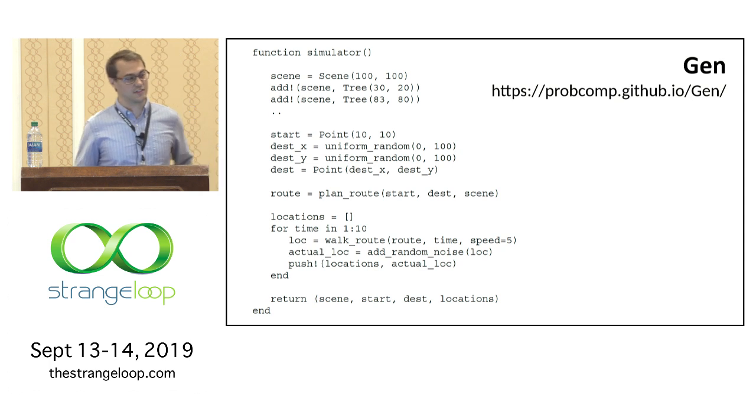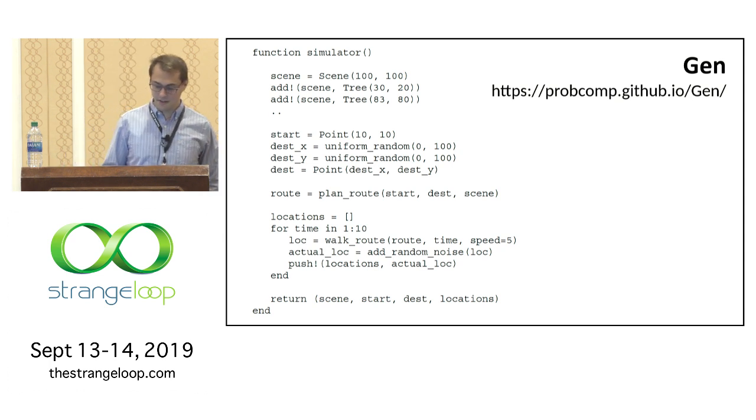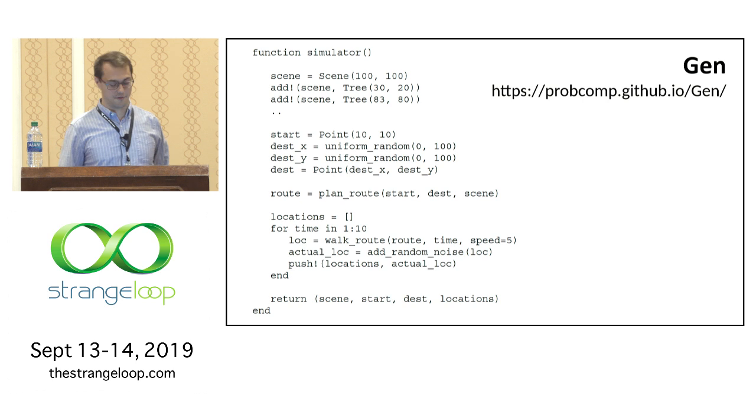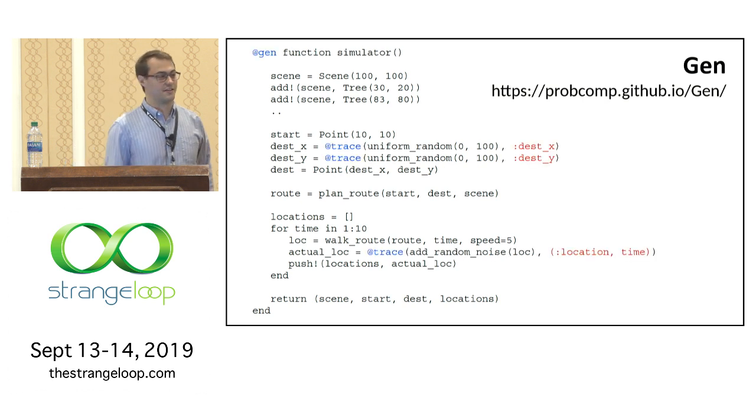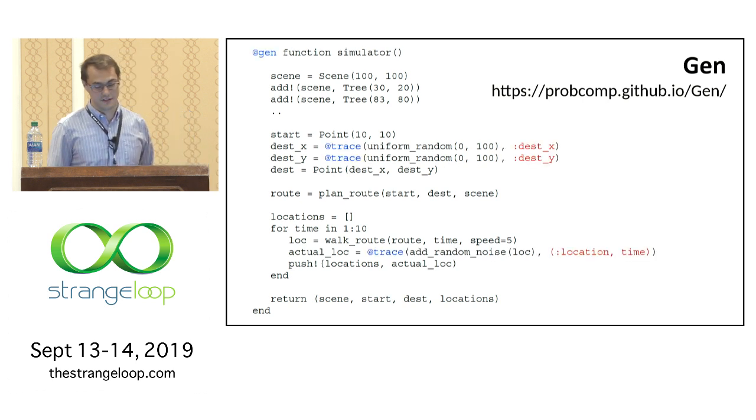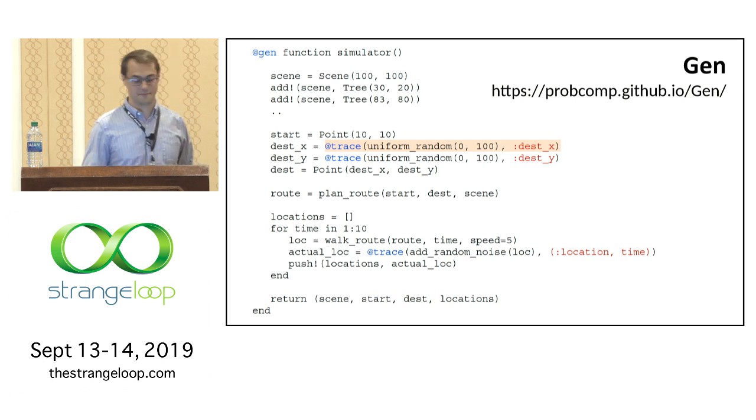So we start off with the Julia simulator that we saw before. To make this into a Gen simulator, we add this Gen annotation in front to make it a Gen function. Also, we add annotations in the code for some of the random choices the simulator is making.